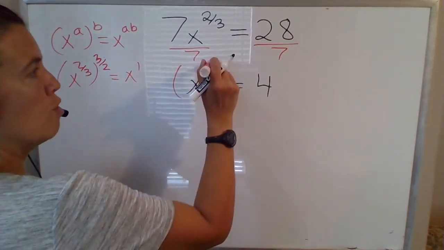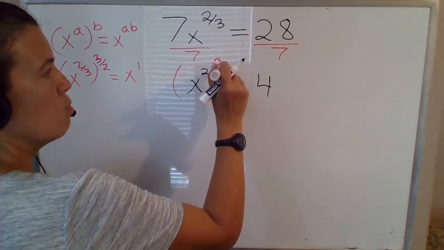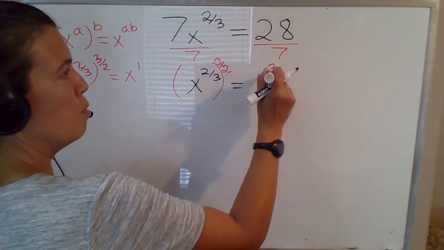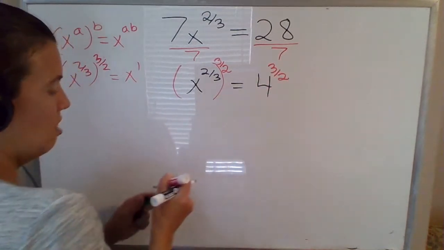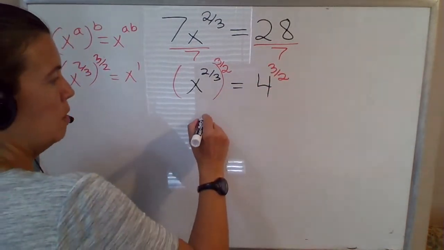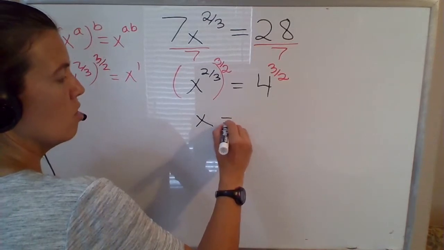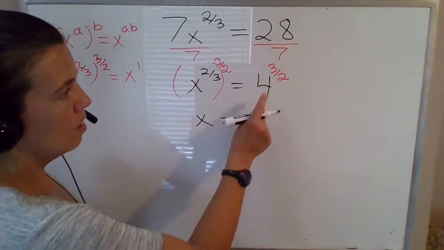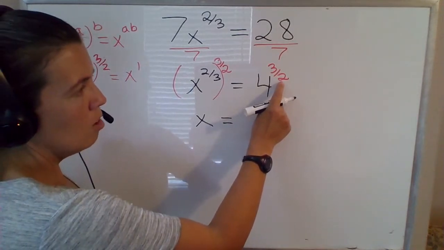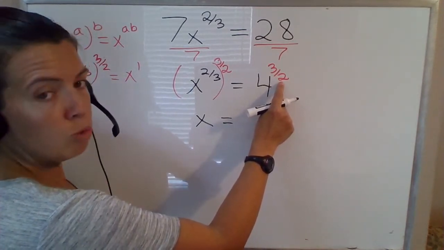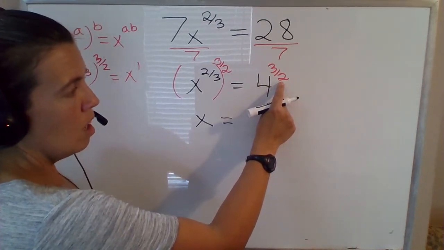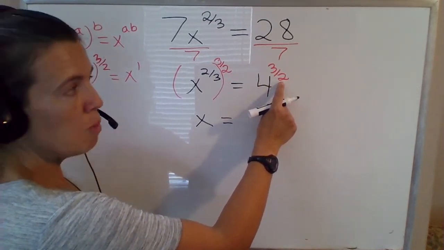So I see 2/3, I'm going to raise it to the 3/2 power, which is fine as long as I do that to both sides. Now here's where things get a little bit tricky, so you have to pay close attention. Two things to point out here. We are taking a square root. We're solving by taking a square root, which means we need a plus or minus.